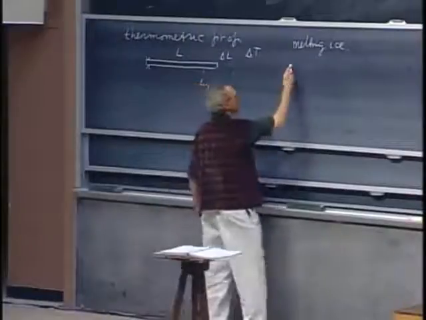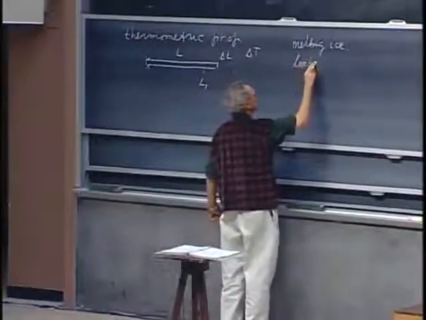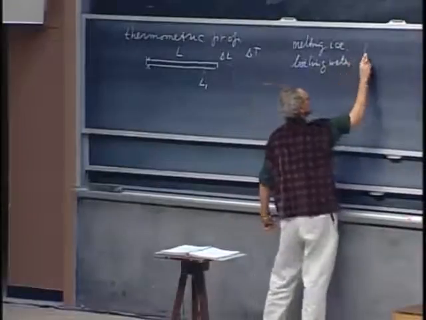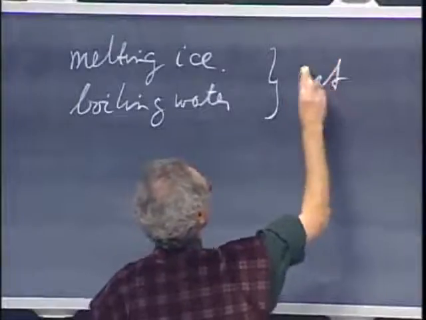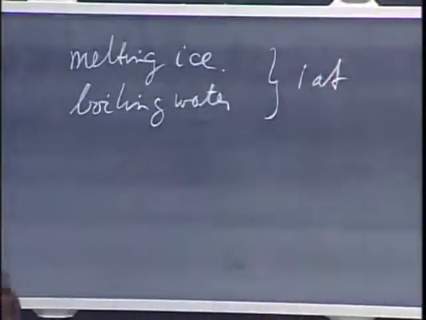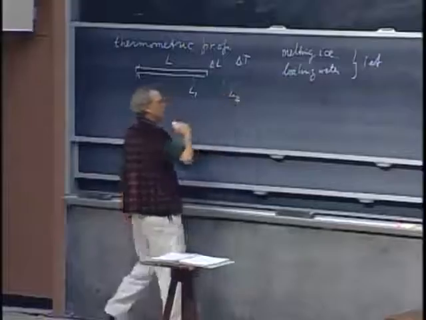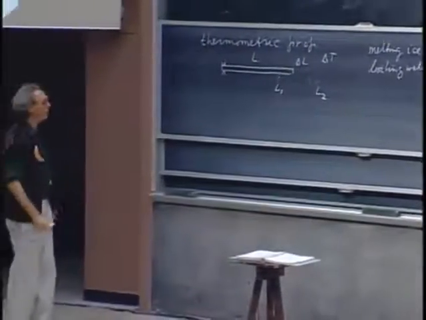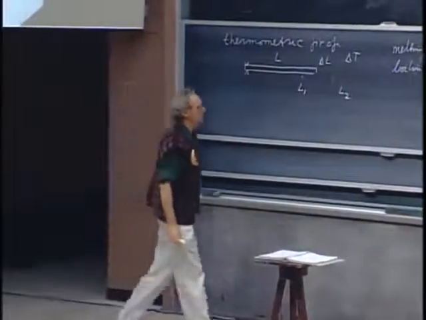Then I could put the whole thing in boiling water, and I do that at 1 atmosphere pressure, and I call that the length L2, and those are my reference points for my temperature scale.